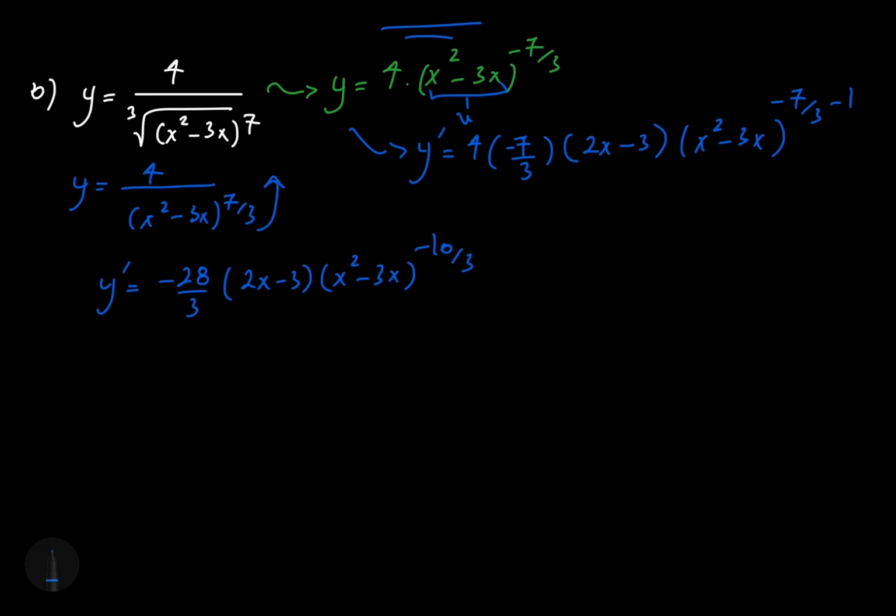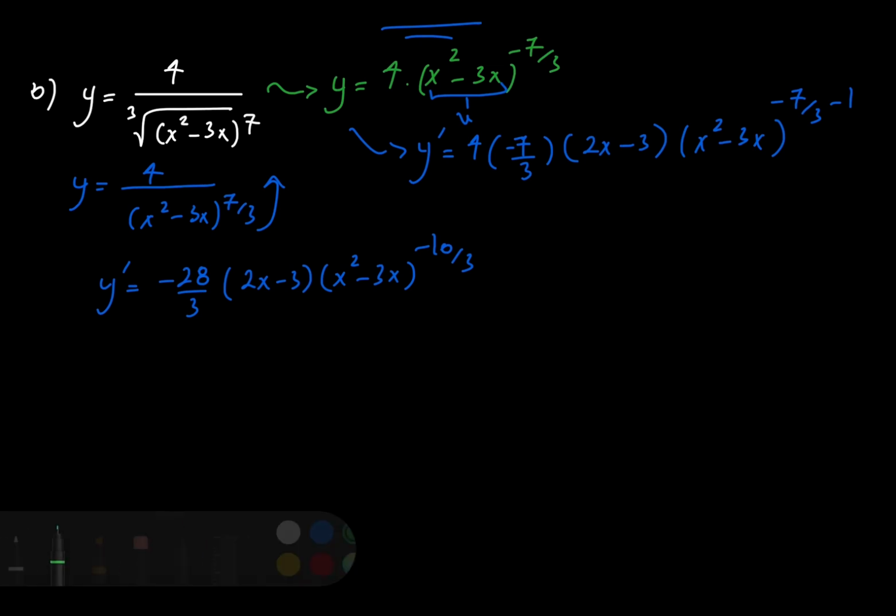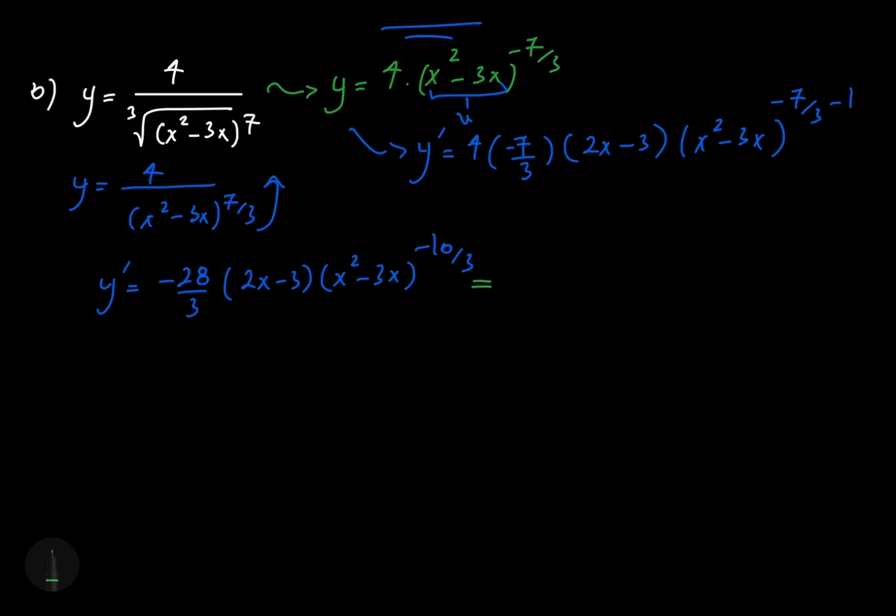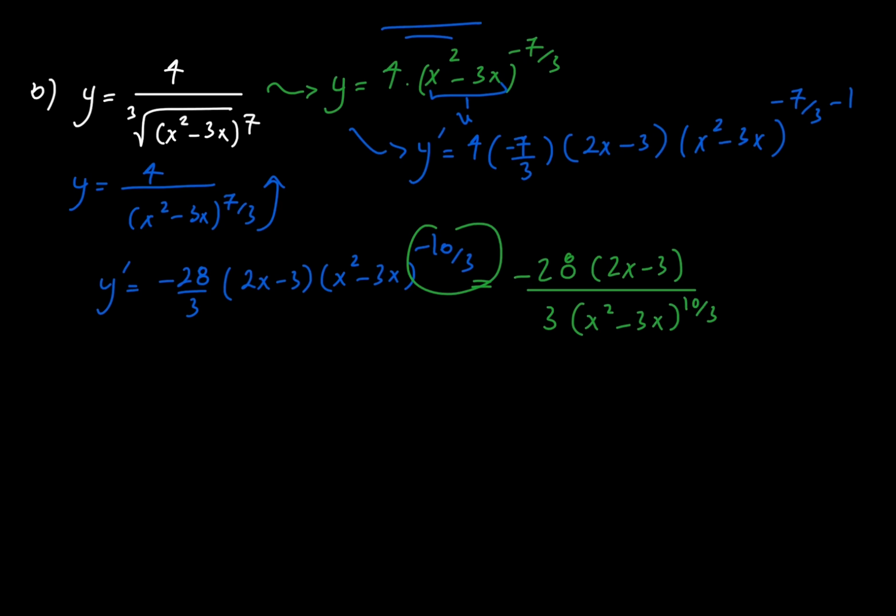You can even write this in a more simplified form: y prime equals negative 28 times 2x minus 3 divided by 3 multiplied by x squared minus 3x raised to the power of positive 10 over 3, because this is a negative power, and if you write it as a reciprocal, it becomes positive. You can even change that 10 over 3 to a cube root of that same function with a power of 10. Let's go ahead and take a look at our next rule now.